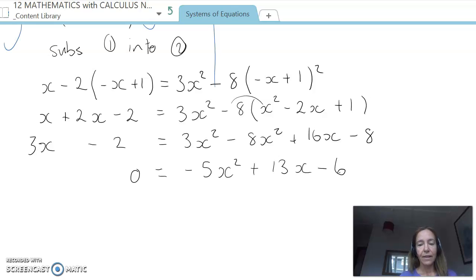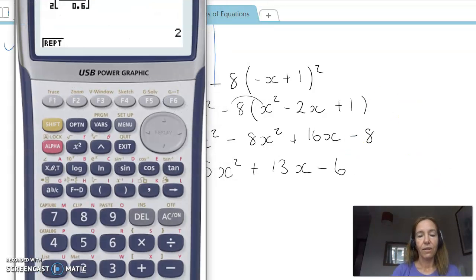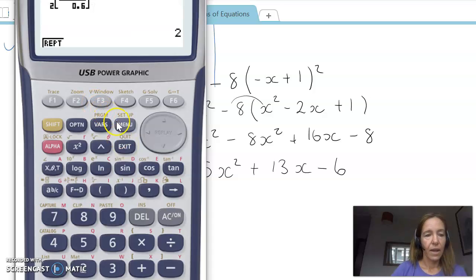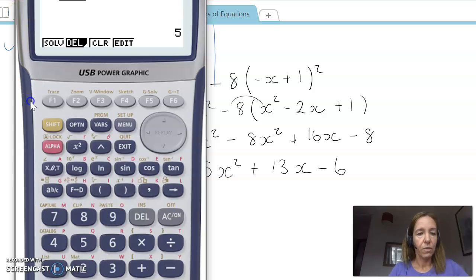Now, since making my last video a few minutes ago, I have got a graphics calculator, which is very exciting. So I'm just going to go menu, and I'm just going to move, okay, I can't move it down.